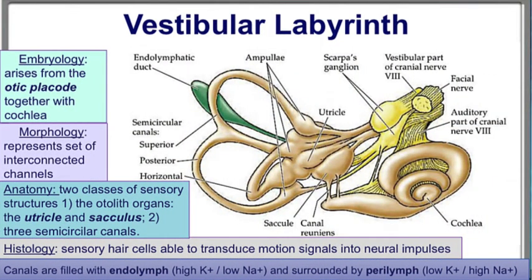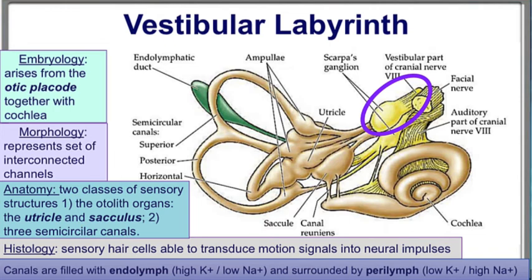Looking closer at this vestibular labyrinth, we see several things in this particular diagram. First of all, we have input from the vestibular portion of cranial nerve 8. Then, embryologically, the vestibular labyrinth arises from the otic placode together with the cochlea, and this represents a set of interconnected channels.